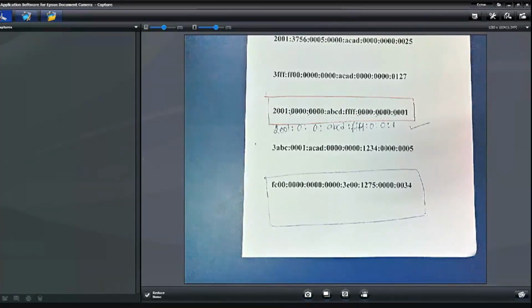You cannot remove something which is after; you have to remove only in the front. Otherwise the meaning will change. If you remove the 00 from FC00 and write FC, the value will change. 2000: if you remove 2 zeros and write 20, both are not the same.